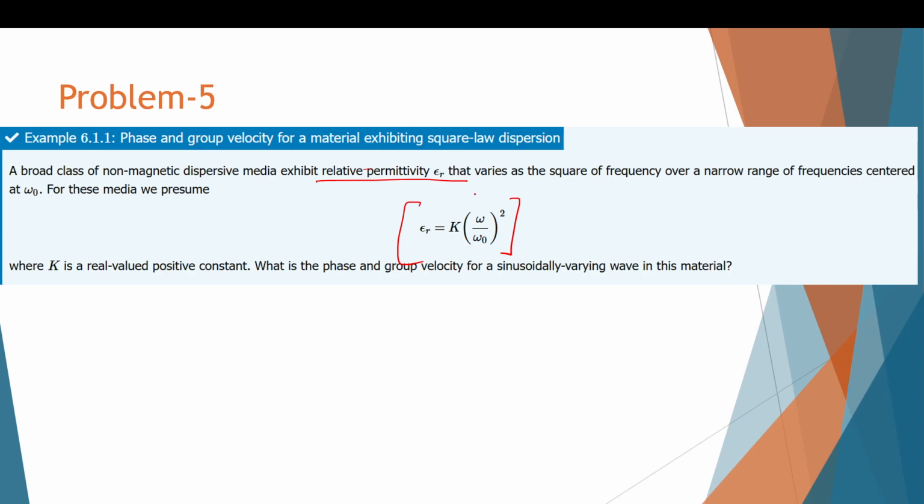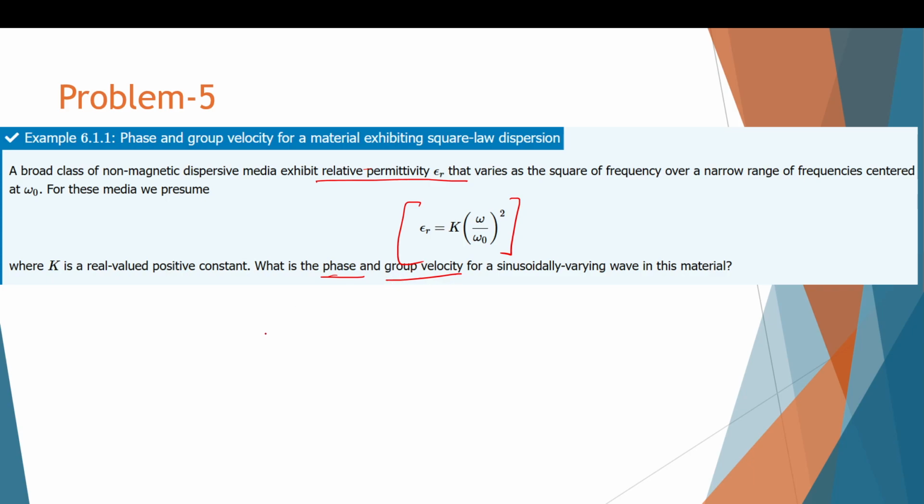From this relation we have to find the phase and group velocity for a sinusoidally varying wave in this material. So they are asking us for the phase velocity and the group velocity.